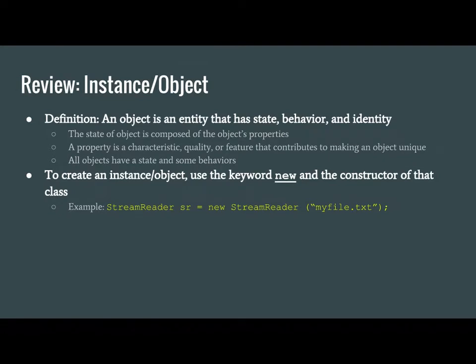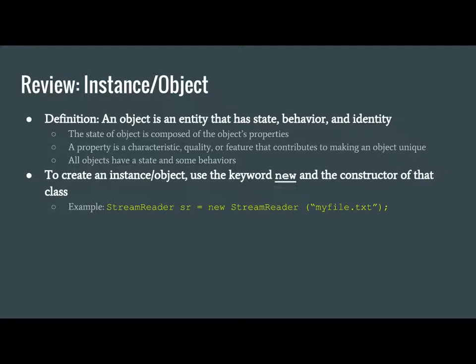So what is an instance and an object? An object is really an entity that has state, behavior, and identity. So for instance, we have an Animal class. And we instantiate the Animal class, say Animal foggy = new Animal("foggy"). So foggy will be an instance or an object of the Animal class.